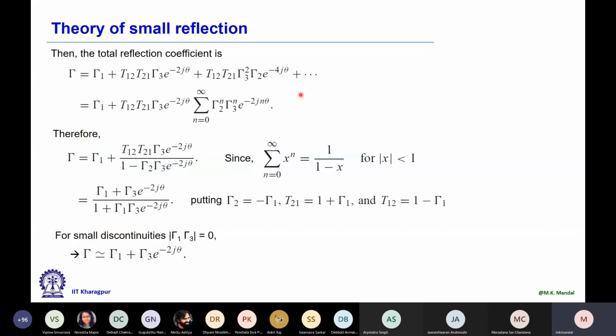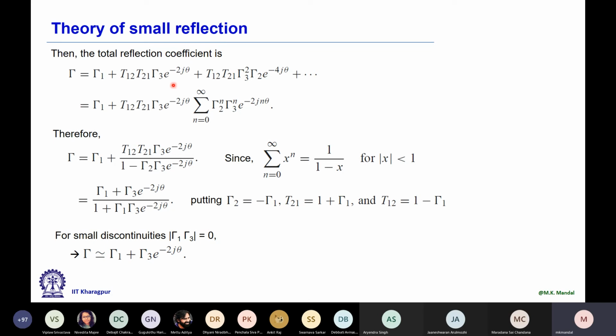So we can represent it in short form, then gamma 1 plus T12 T21 gamma 3, we take common this term, then what is the remaining term?